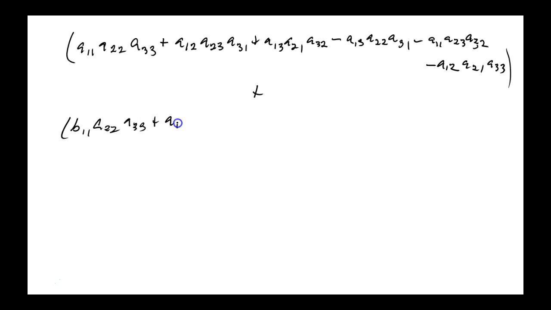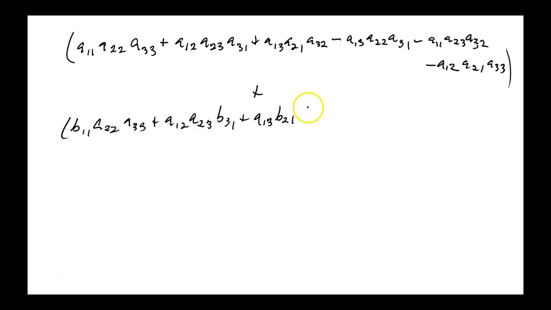Plus A12, A23, B31. Plus A13, B21, A32. Yeah, these are multiplied. Within the groups of 3, they're multiplied, and between them are pluses.